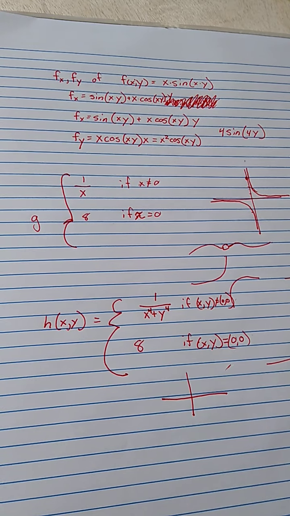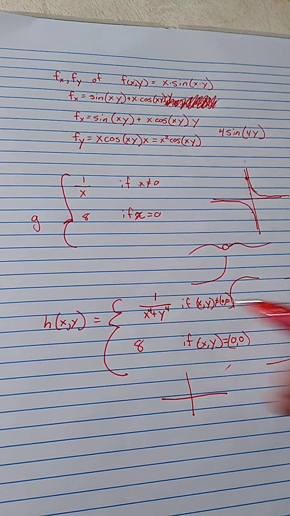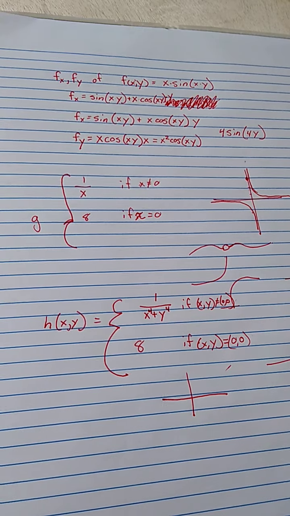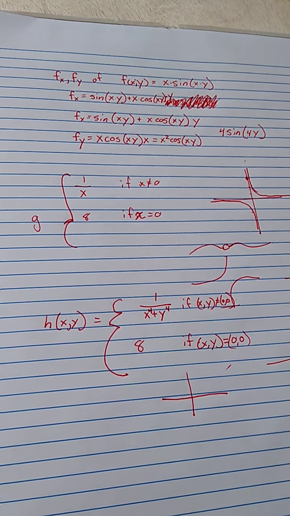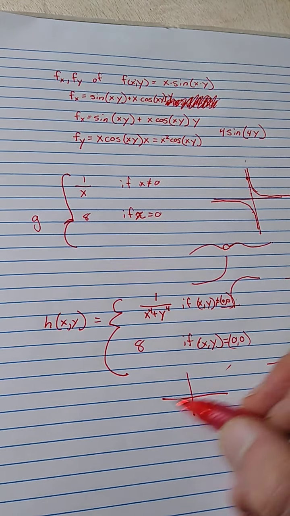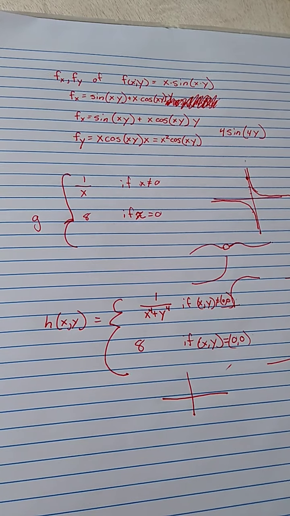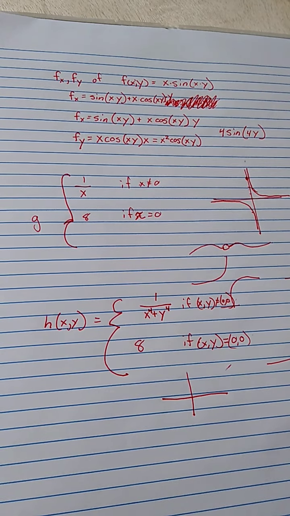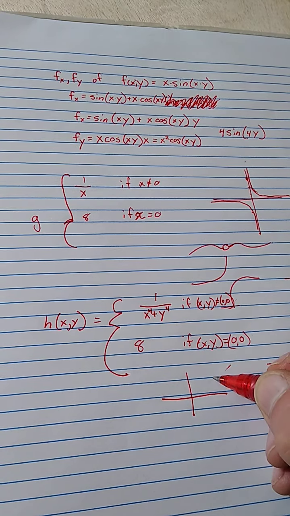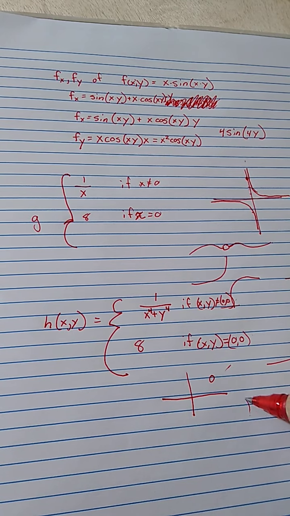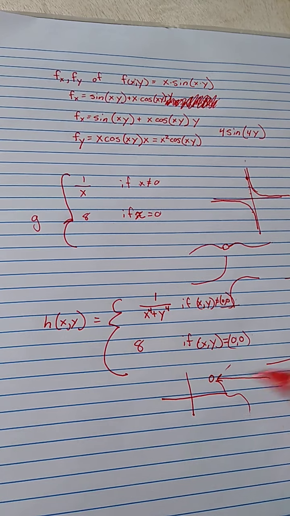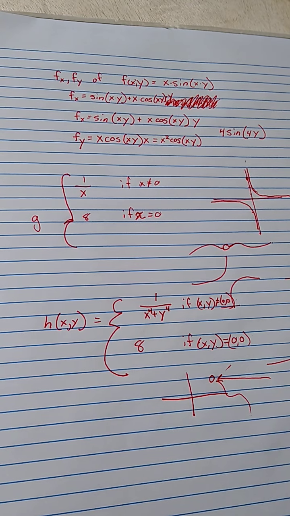The trick is that if I want to show that this is discontinuous at this point, I can use any line I want whatsoever. So if my function has a hole in it, it doesn't matter which way I draw in. I can go in on a wiggle. I could go in on a straight line. However I want to do it.